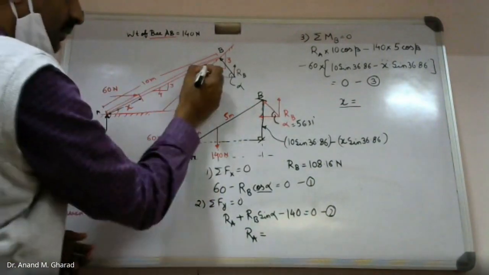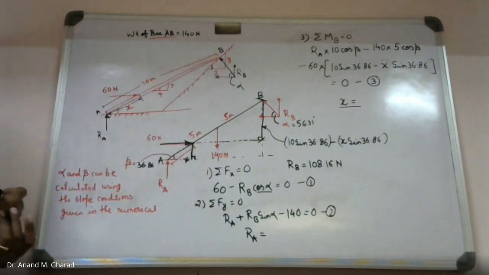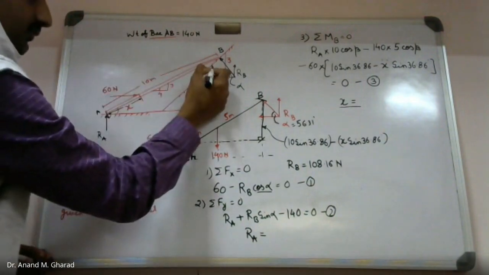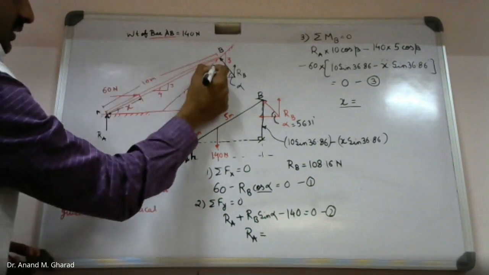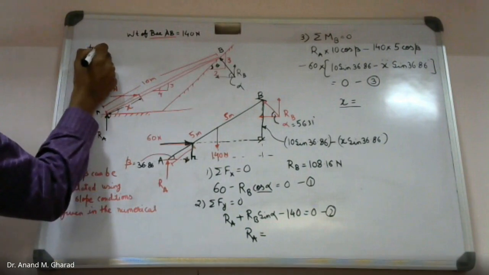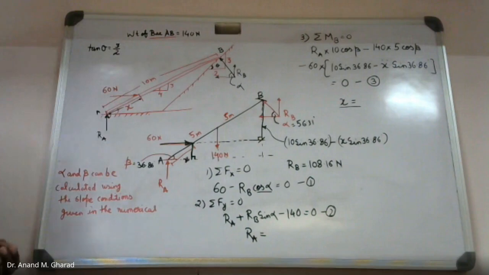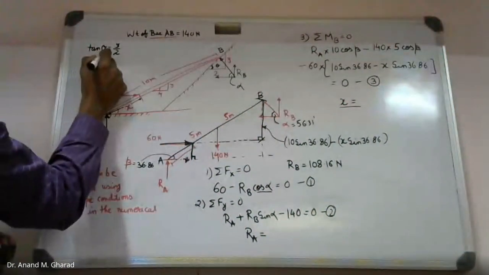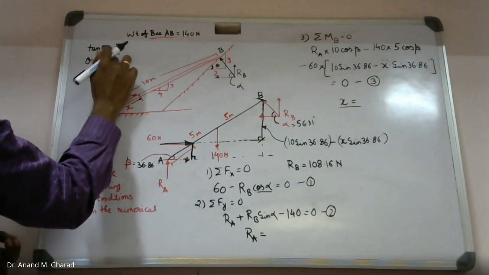For example, you have calculated this angle, if I am not wrong. You choose another point somewhere over here. That is this angle. Let me call this angle theta. So tan theta is equal to 3 by 2, and theta then comes out to be 56.31.